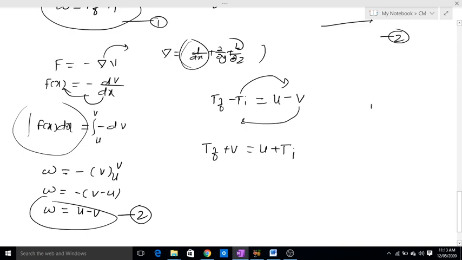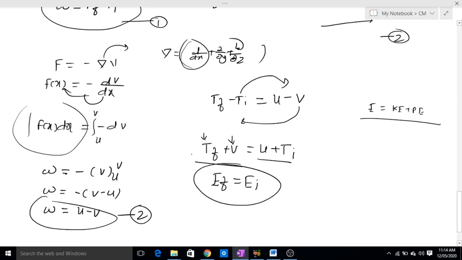देखिए total energy is nothing but kinetic energy plus potential energy. Now final total energy is this, that is final kinetic energy and final potential energy, and this is initial energy.